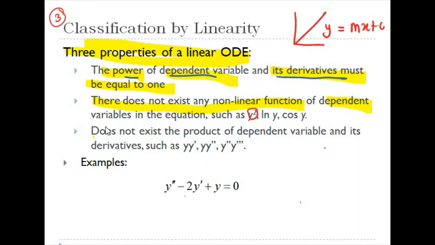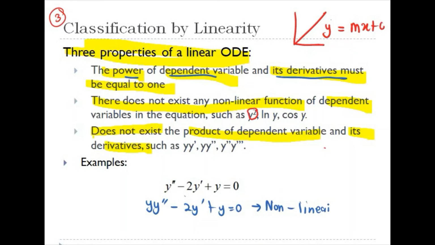The third property is that there does not exist a product of the dependent variable and its derivative. For example, I give you y multiplied with y double prime minus 2y prime plus y equals 0. This equation is nonlinear because, as we can see here, y is the dependent variable, and the variable is multiplied with its derivative.